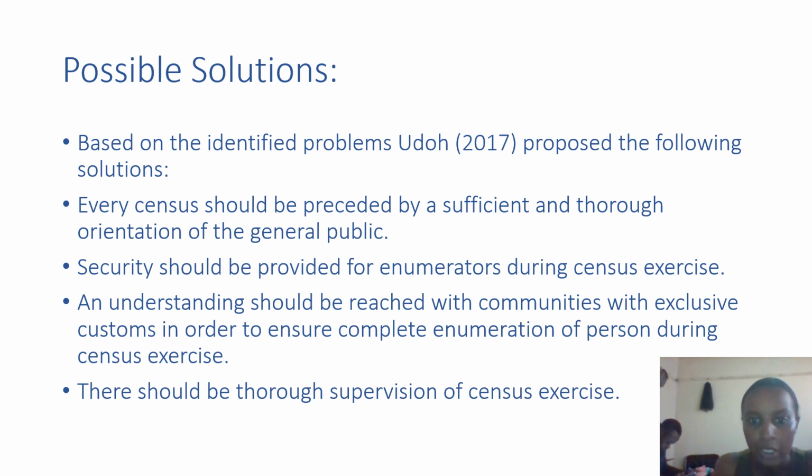Security should be provided for enumerators during the census exercise. An understanding should be reached with communities with exclusive customs in order to ensure complete enumeration of persons during census exercise. And also, the last one, there should be thorough supervision of census exercise.